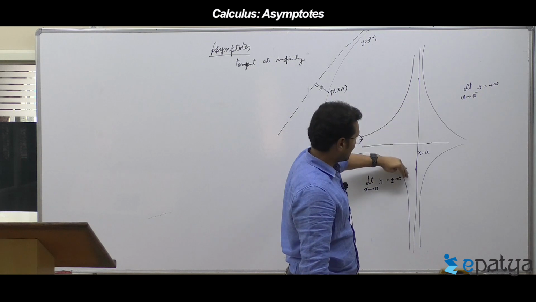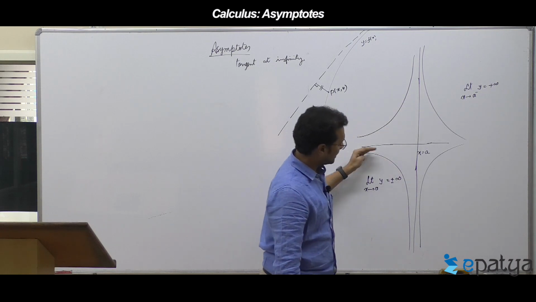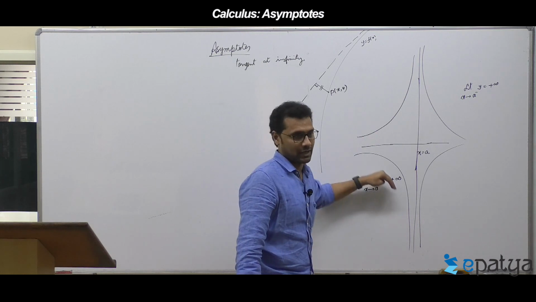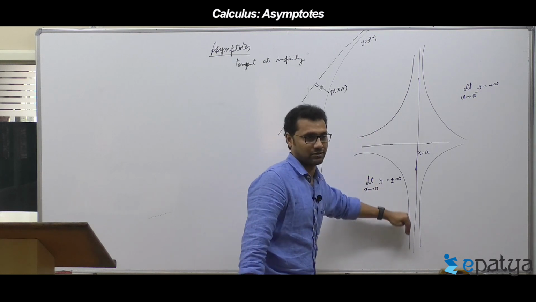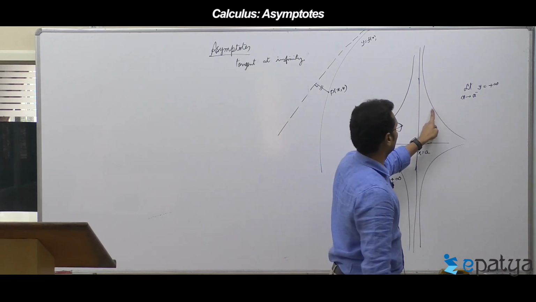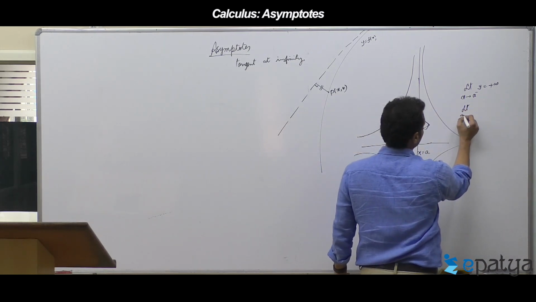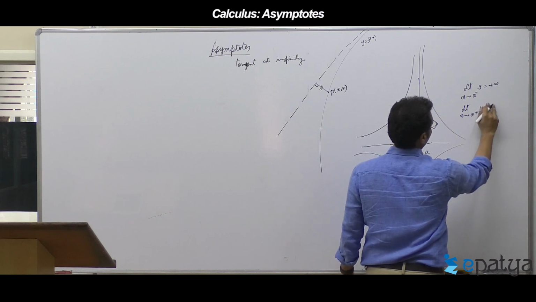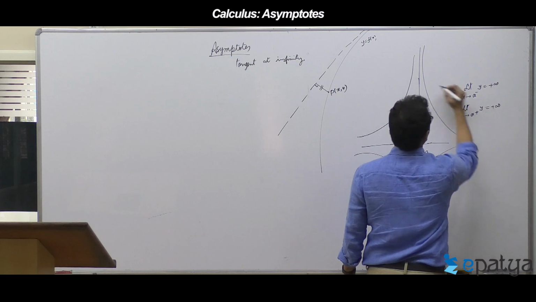This is limit x tends to a minus, y is going to minus infinity. If I have this aspect also, then only I have a curve like this. Now, if limit x tends to a plus, y is going to plus infinity, then I have this aspect of the curve.